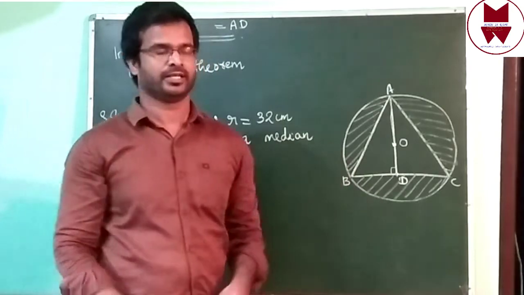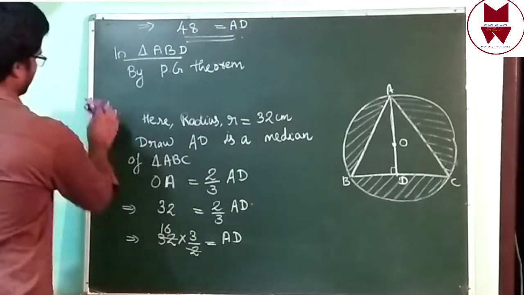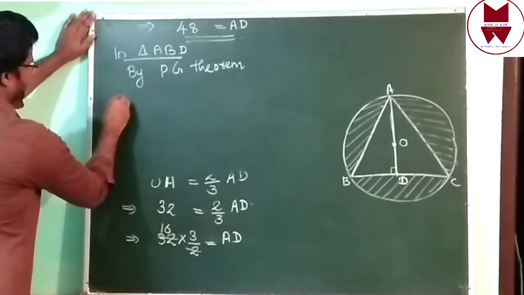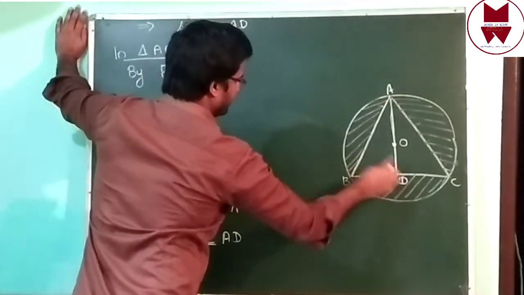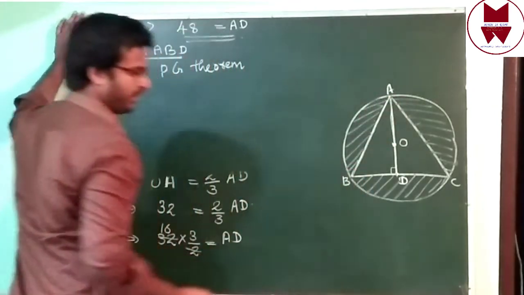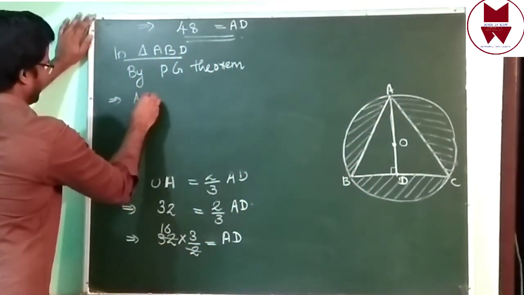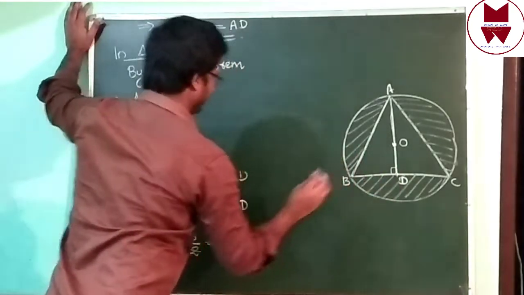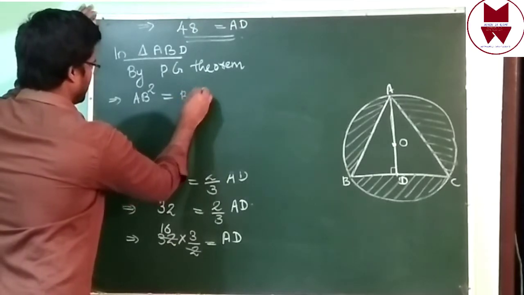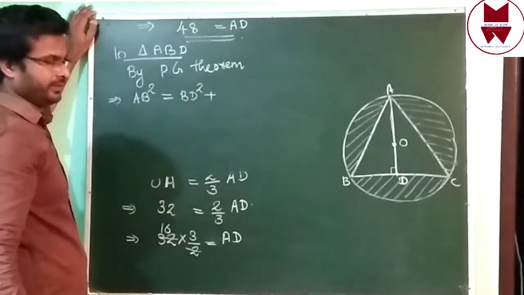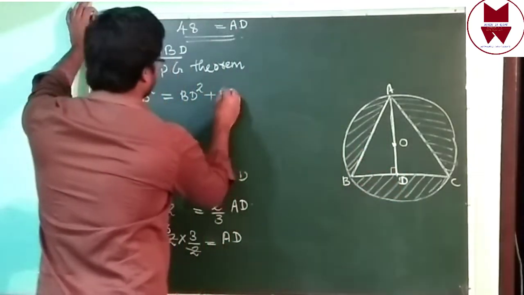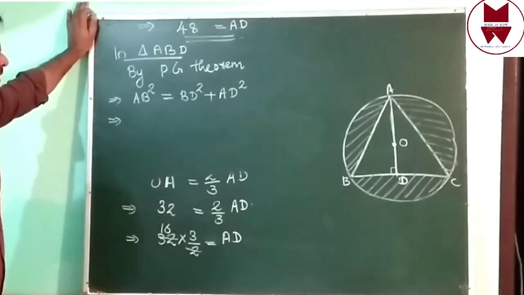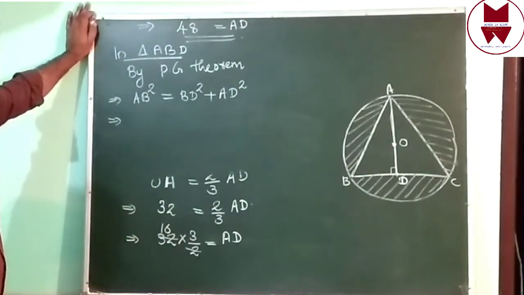In triangle ABD, the hypotenuse is AB. Hypotenuse square equals base square, where base is BD, plus height square, where height is AD. So AB square equals BD square plus AD square. AB we don't know, right?